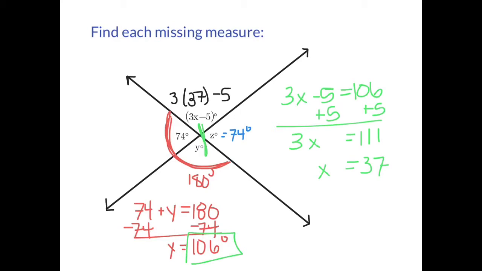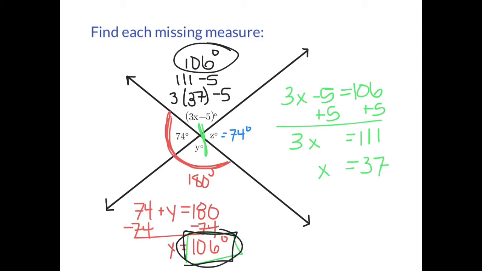I'm only going to do this because it should be 106, that's the whole vertical angle relationship, but I want to make sure that it does actually equal the 106. So 3 times 37 is 111, and I subtract 5, and there's the 106 degrees. So 106 degrees up there, 106 degrees down here, 74 on the right, 74 on the left.